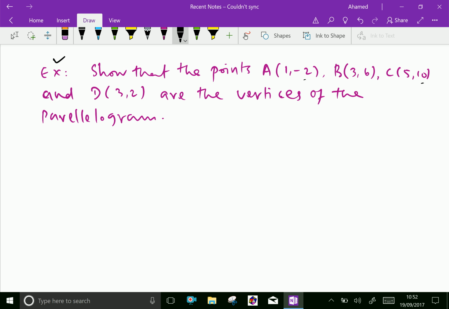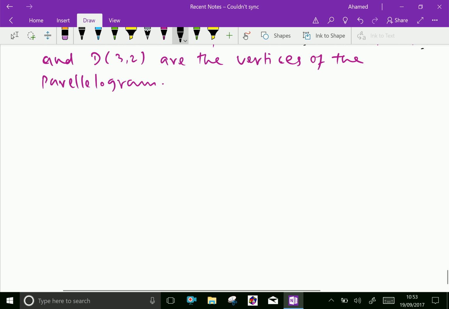One more example. Show that the points A (1, minus 2), B (3, 6), C (5, 10) and D (3, 2) are the vertices of a parallelogram. Now let us draw one parallelogram here.